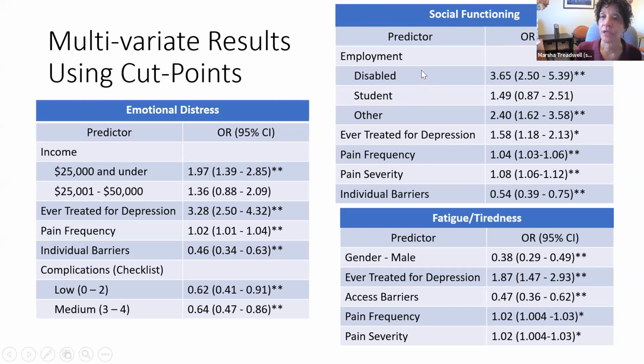For social functioning, disabled employment status, depression, pain frequency, severity, and the protective effect of fewer barriers. And then lastly, male gender was protective against fatigue, fewer barriers protective against fatigue as well. And then depression and pain were highly related to more issues with fatigue and tiredness.